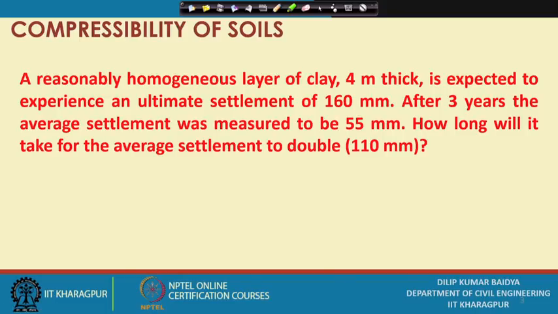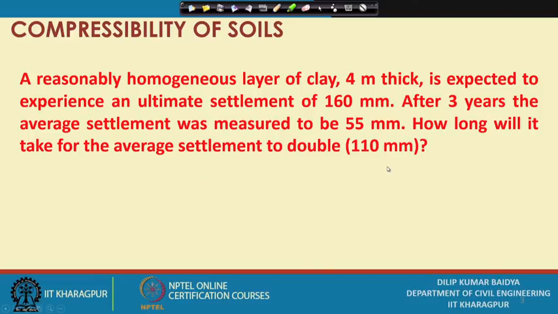A reasonably homogeneous layer of clay 4 meter thick is expected to experience an ultimate settlement of 160 millimeter. After 3 years, the average settlement was measured to be 55 millimeter. How long will it take for the average settlement to double?